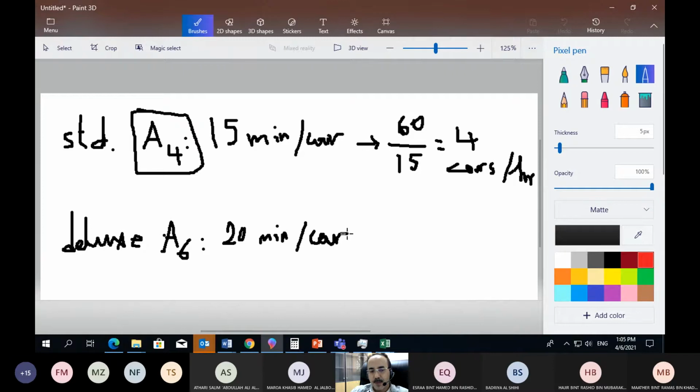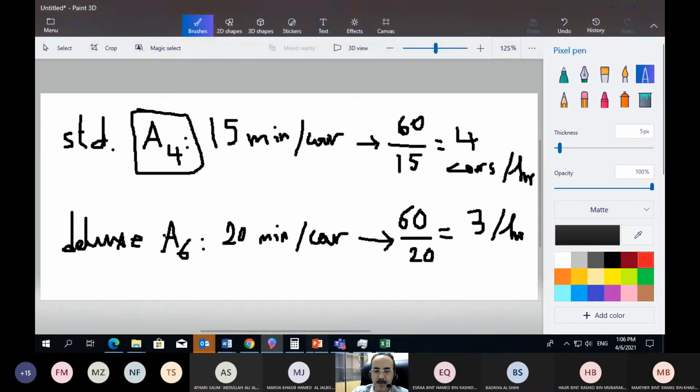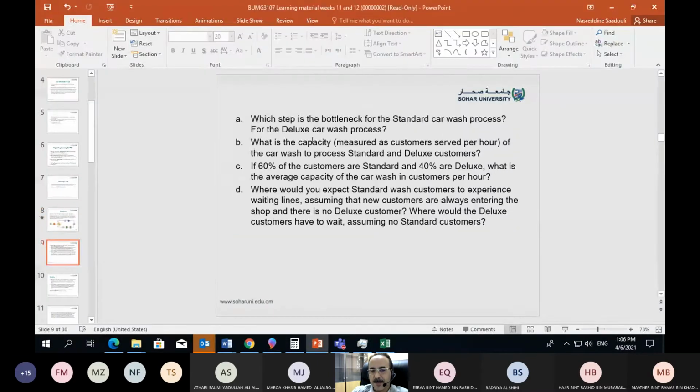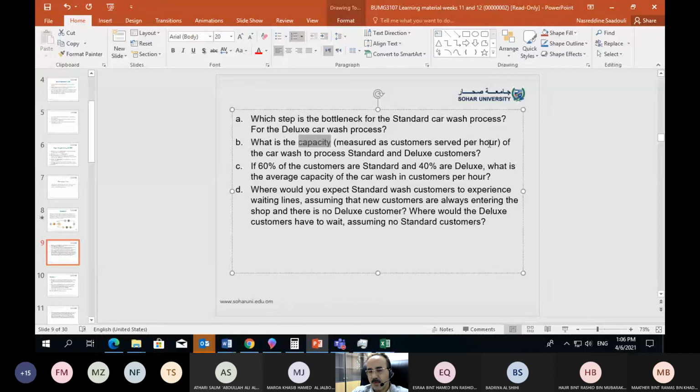And therefore, the entire process moves at the same speed, which means for the deluxe, we can actually do 3 cars every hour. All right, this is how we calculate these values. This is how we get the capacity as customers served per hour or cars washed per hour.